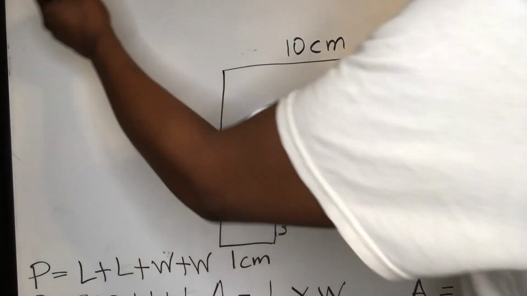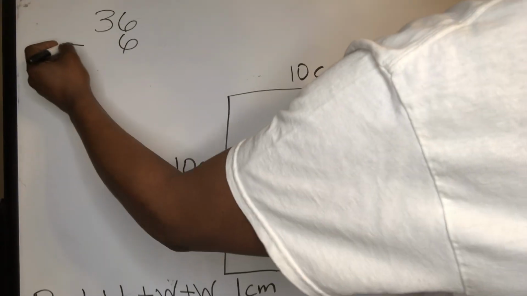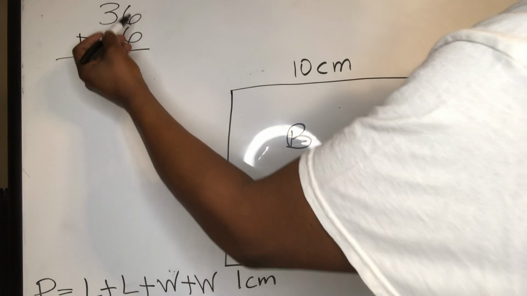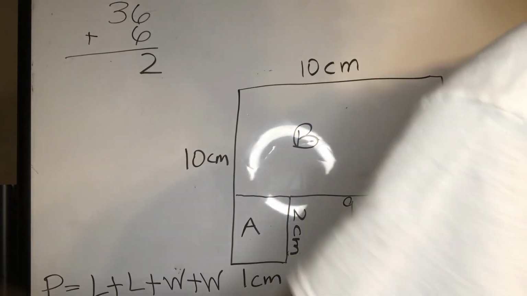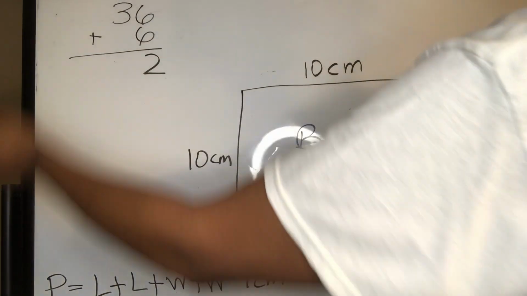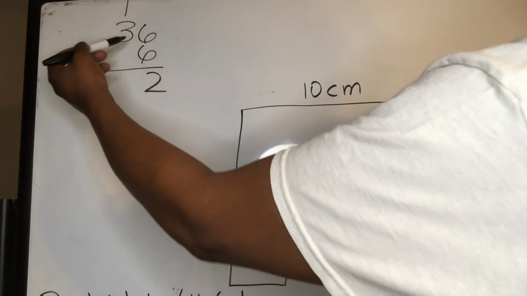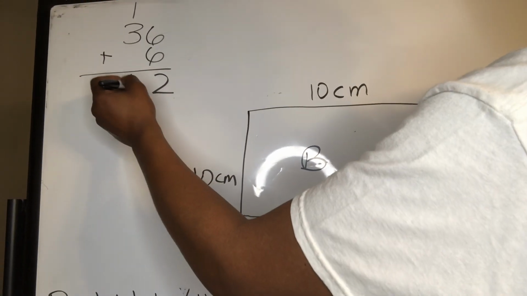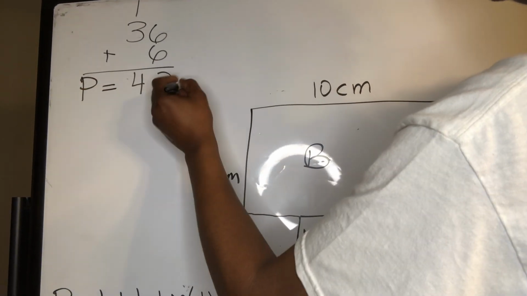So that's 36 plus 6. 6 plus 6 is 12. We put our 2 here, carry our 1, which puts it on top of the 3. Now we add 3 plus 1, which gives us 4. So now we have a perimeter of 42 centimeters.